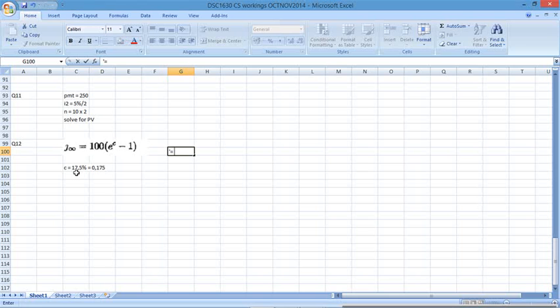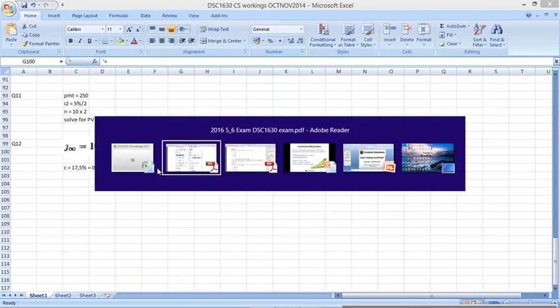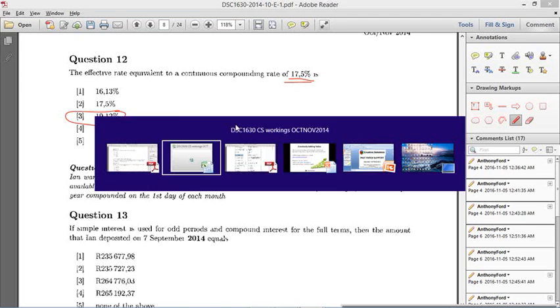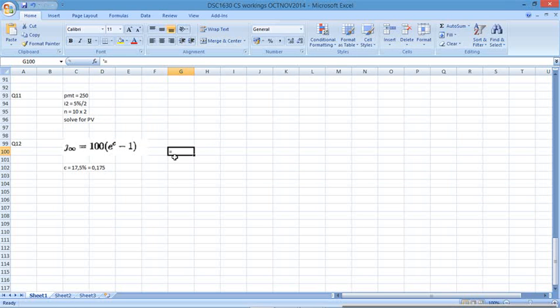J infinity comes out to 19.12%, question 12, option 3. We know it's going to be a lot bigger than 17.5. Why? Because 17.5 is continuously compounded, so you're not going to be getting 17.5. You're going to be getting a lot more than 17.5. Option 3.